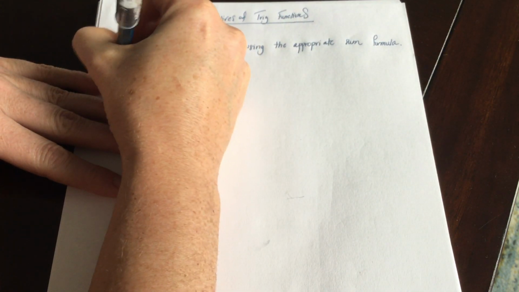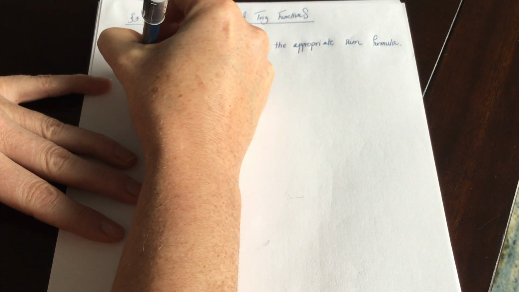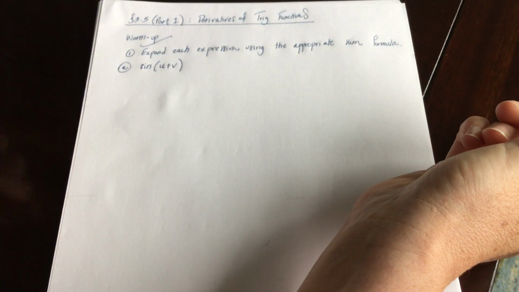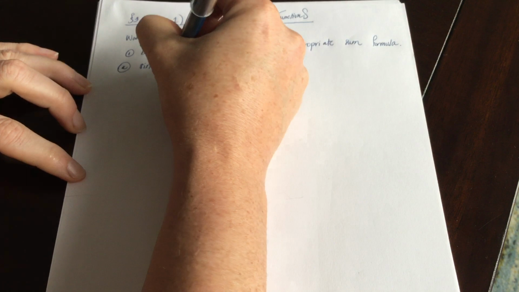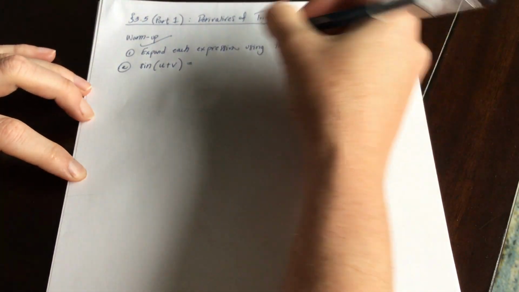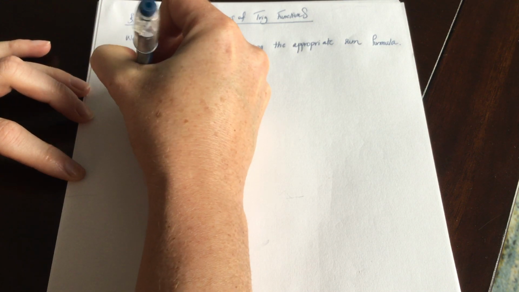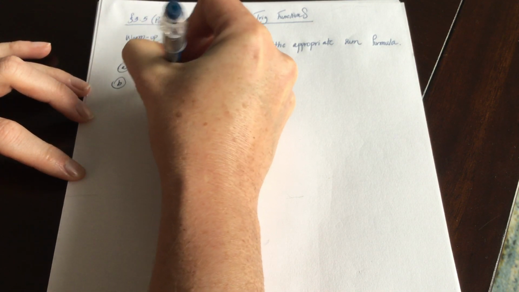For part A on this warm-up, let's have you see if you can remember how to expand sine of the quantity u plus v. And then for part B, let's do basically the same thing, but with cosine.